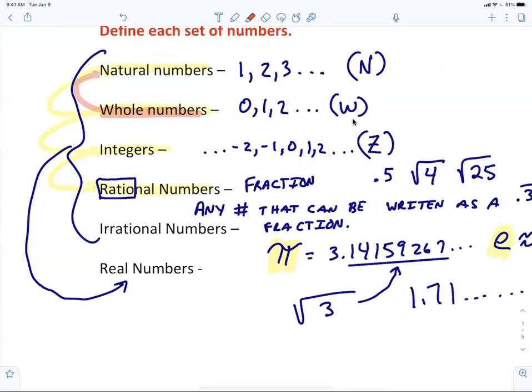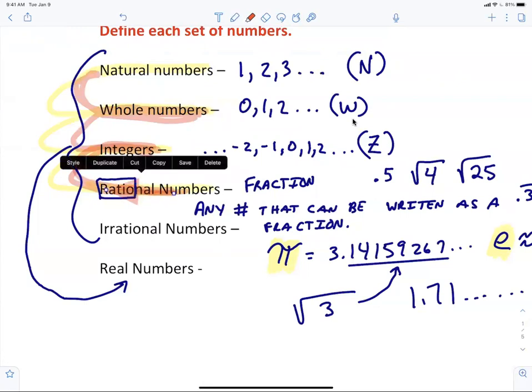No. But if I'm a whole number, am I an integer? Am I irrational? No. If I'm an integer, I'm not irrational. Does everybody agree with that? So it's like you're flowing down. If I'm an integer, I'm also a rational.